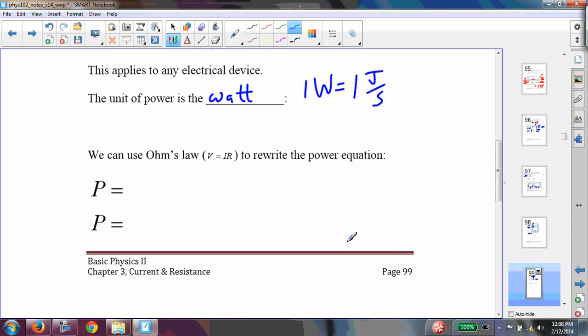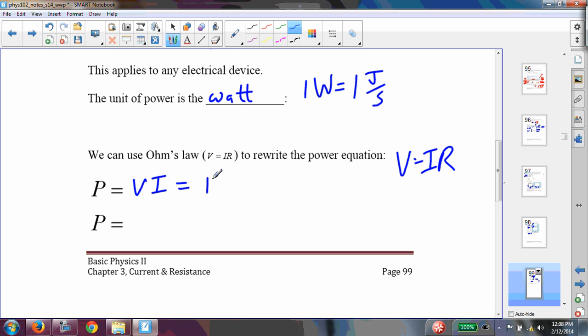Now, we can use Ohm's law to make some substitutions, and you have these equations on your equation sheet. Remember, V is equal to IR. So I can plug that in and get P is equal to VI, which goes back to our original derivation for power.